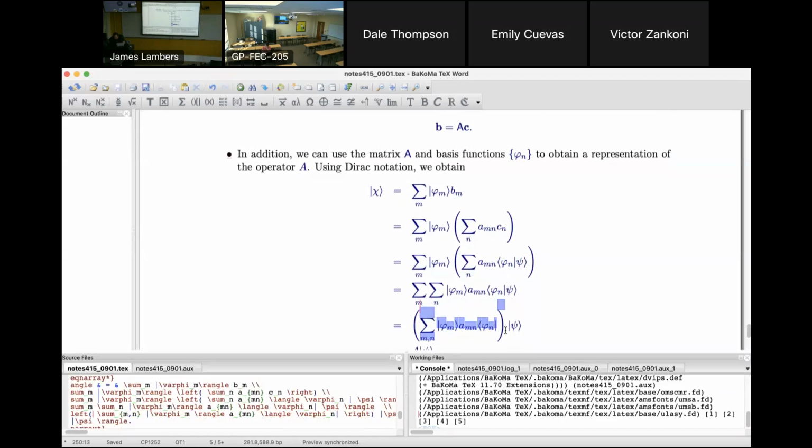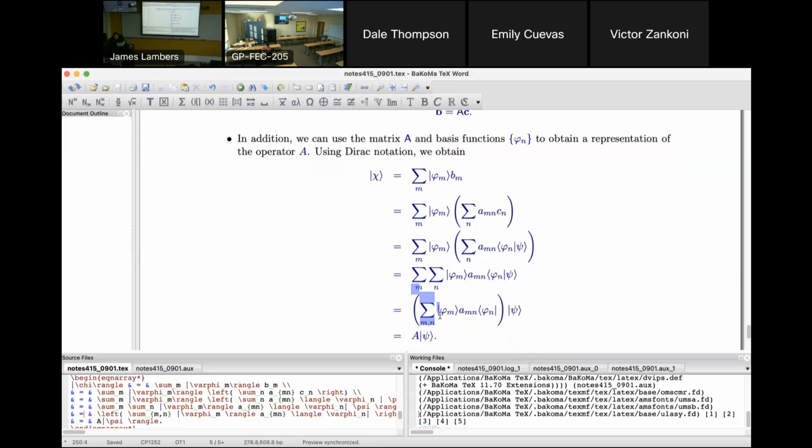And now we see what's left. Chi was already established to be equal to the operator A times psi. So this expression here in the large parentheses is the operator A. This is how the operator A can be expressed in terms of these matrix entries.